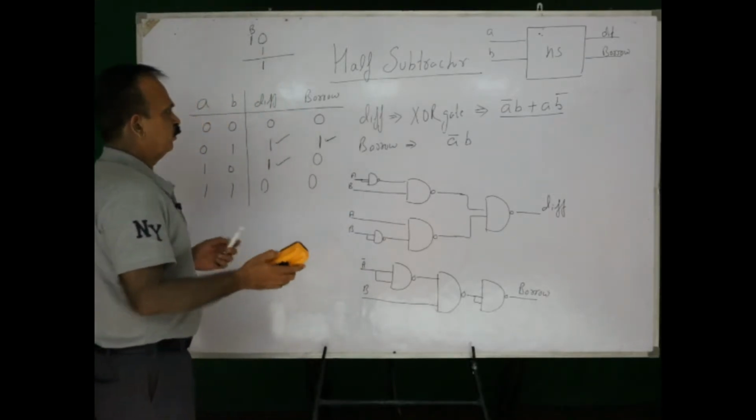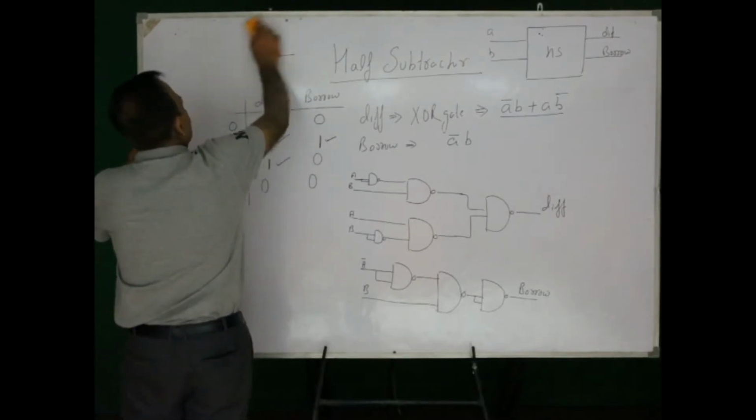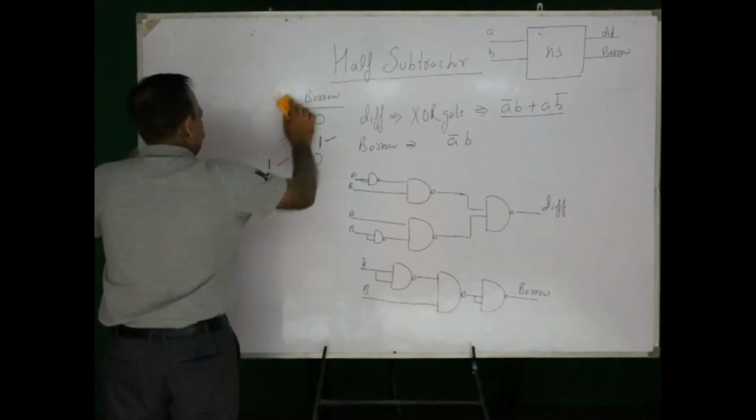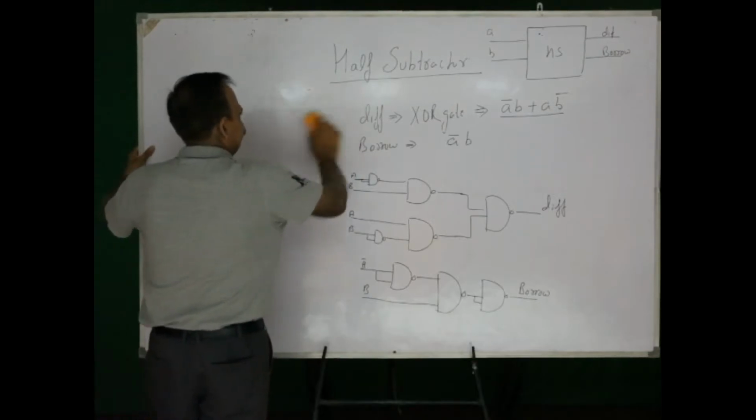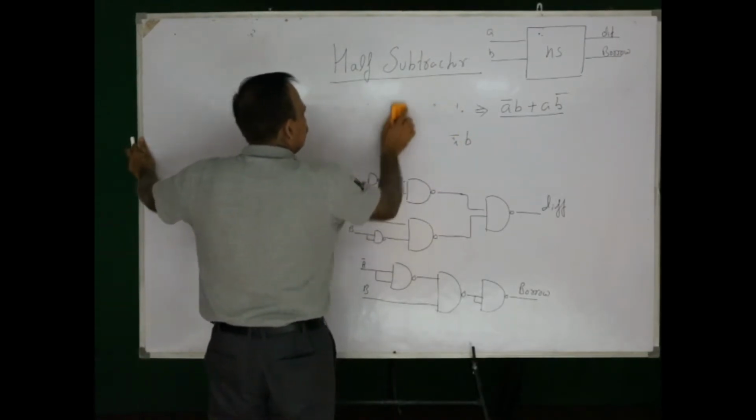Now, we will be shifting to the full subtractor. The full subtractor is a circuit which is used to subtract 3 bits. Now, what is the meaning of subtracting 3 bits?